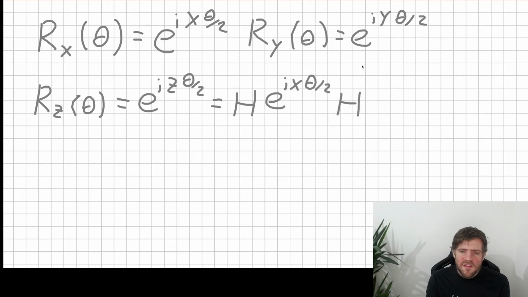And the reason for this is because the only difference between this gate and this gate are the eigenstates. The eigenstates for the e to the i Z theta over 2 are the eigenstates of Z, because the unitary and the Hermitian share an eigenbasis. The eigenbasis of Z are the 0 and 1 states.